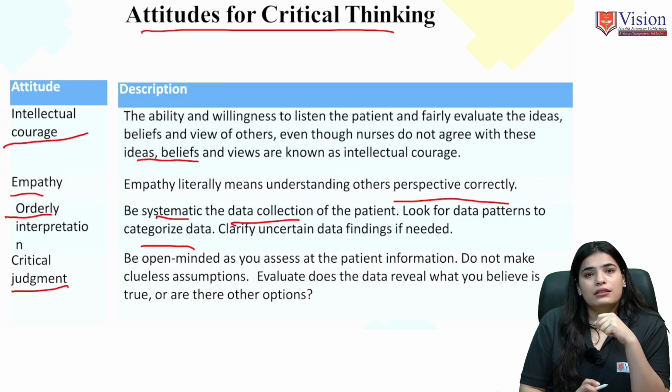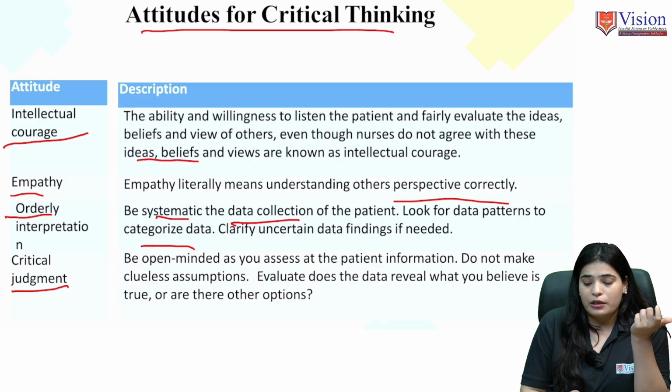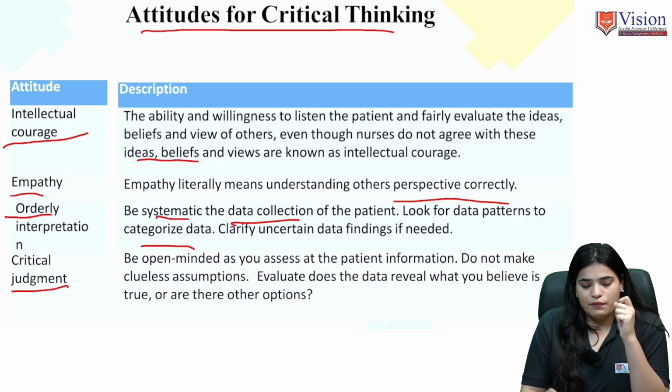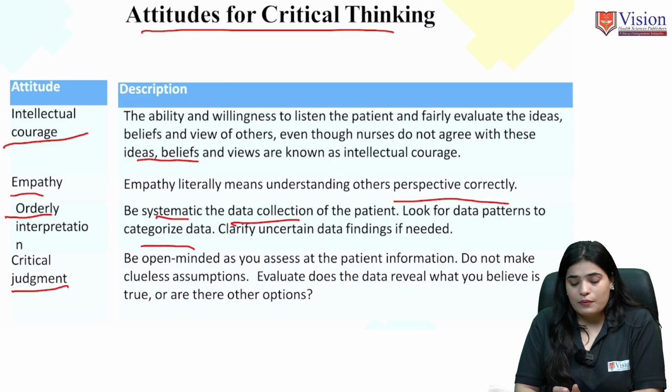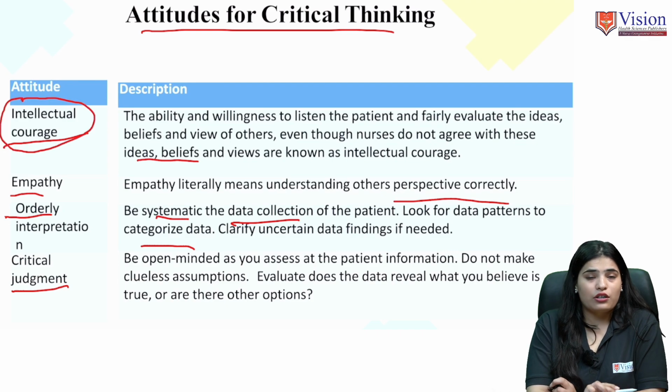Next is critical judgment. Here we have to be open-minded while we are assessing the patient. We do not have to make clueless assumptions. We have to use critical judgment. First we identify the problem, and on that basis we can make assumptions. So these are the attitudes for critical thinking. The first is that a nurse should have intellectual courage.